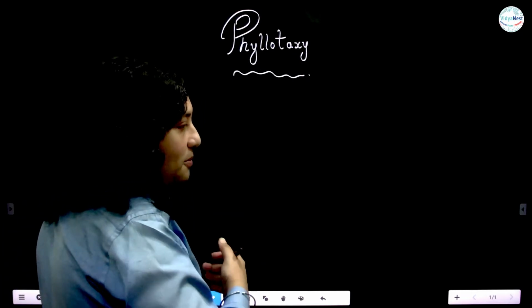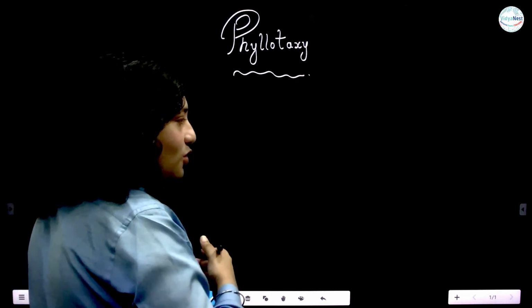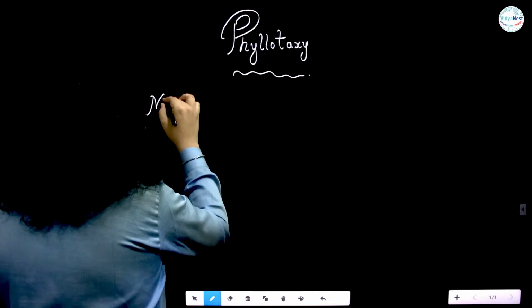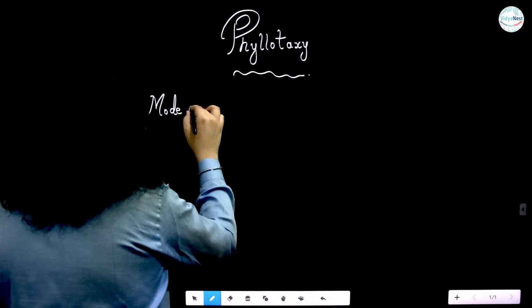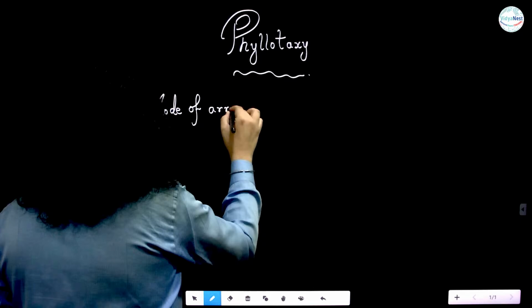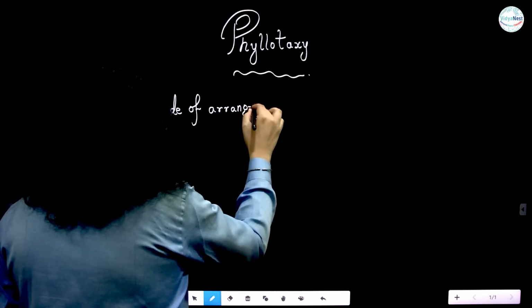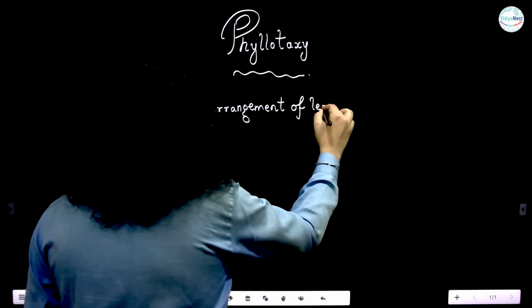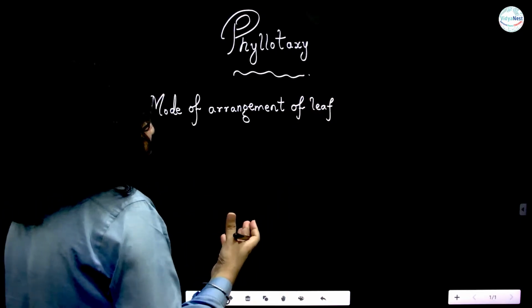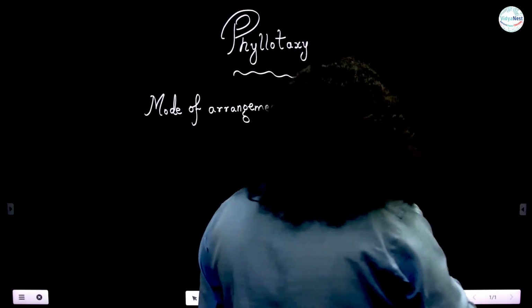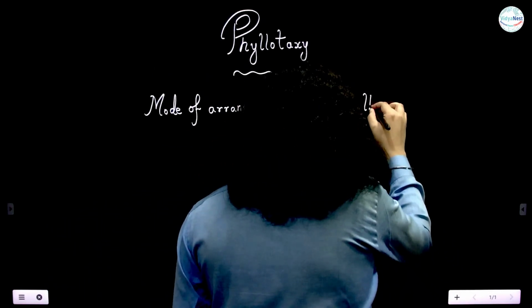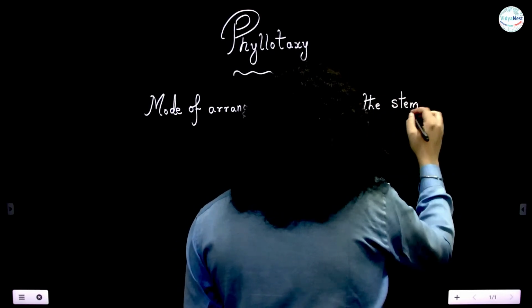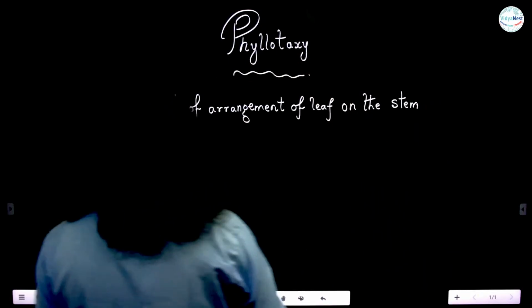So let us write this point: mode of arrangement of leaf, where the leaf can be present, where it can be arranged on the stem or its branches.